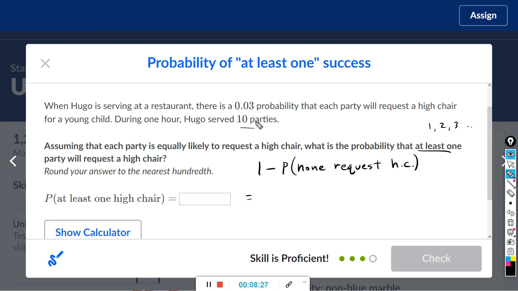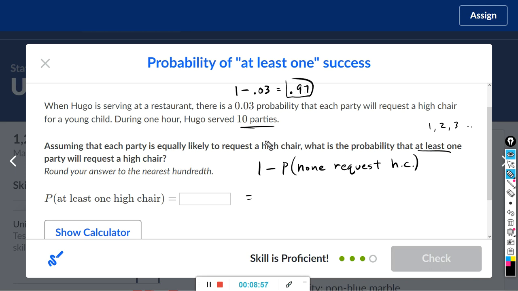So, if the chance of selecting a high chair is 0.03, the chance of not selecting the high chair is going to be 1 minus 0.03. So that's 0.97.